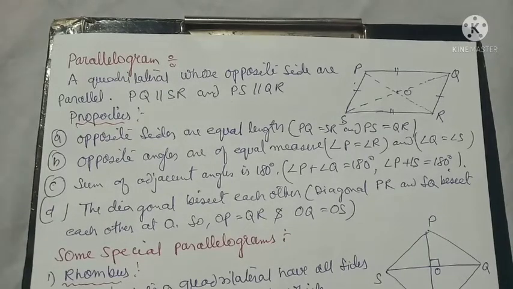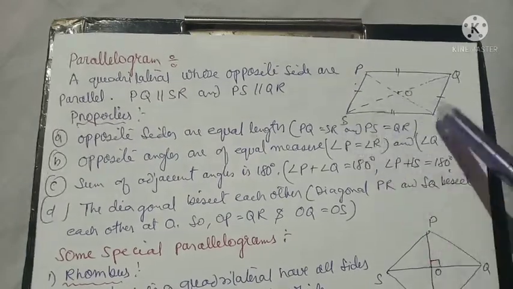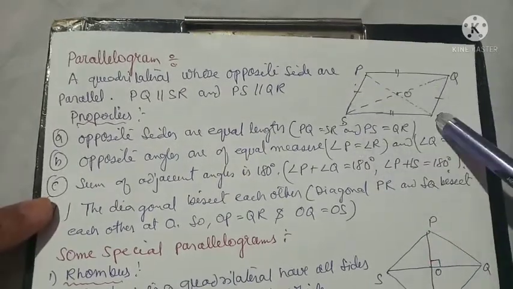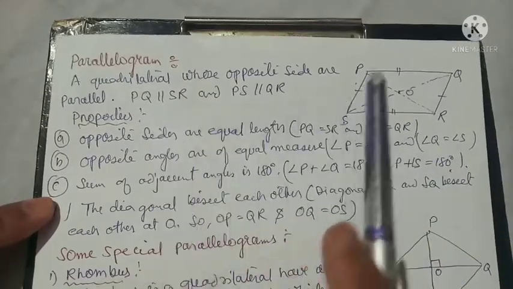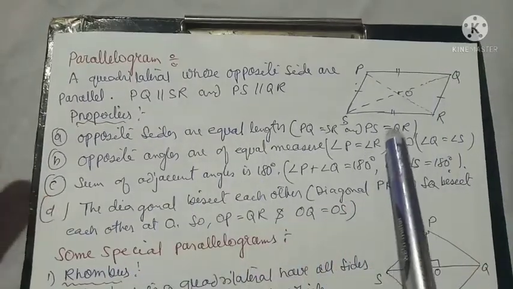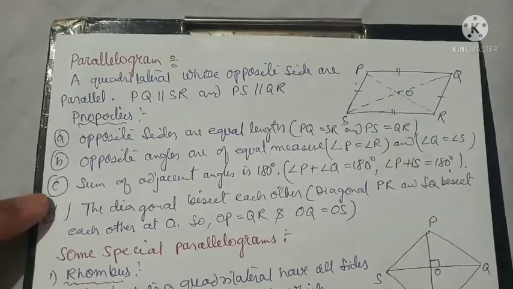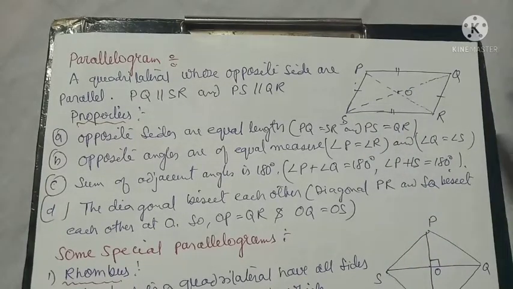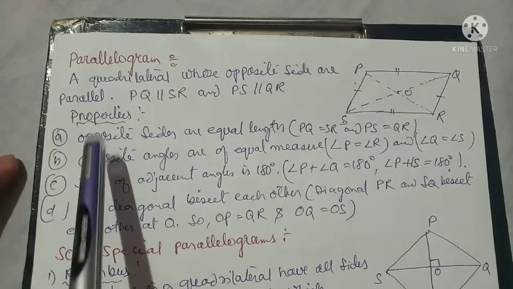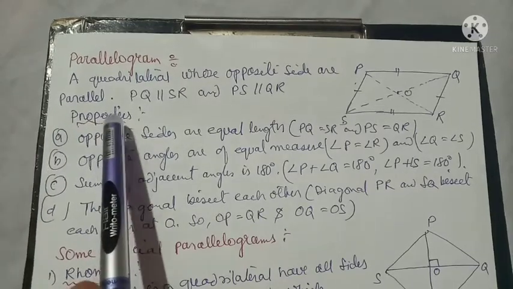A parallelogram is a quadrilateral whose opposite sides are parallel, that is PQ and RS, and PS and QR. If the opposite lengths are parallel and the opposite breadths are parallel, then that type of quadrilateral we call a parallelogram. Now what are the properties of a parallelogram?